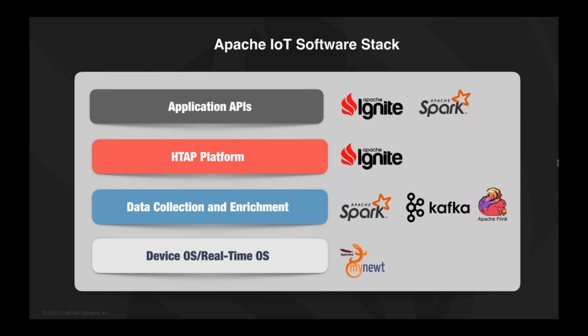You can transform this data, and once the data is processed, transformed or enriched, you need to store it somewhere. I'm going to propose Apache Ignite as your HTAP platform, as your distributed database, and as your computational platform that will keep all the data in a distributed fashion and will satisfy all the IoT demands and requirements we discussed a couple of minutes ago.